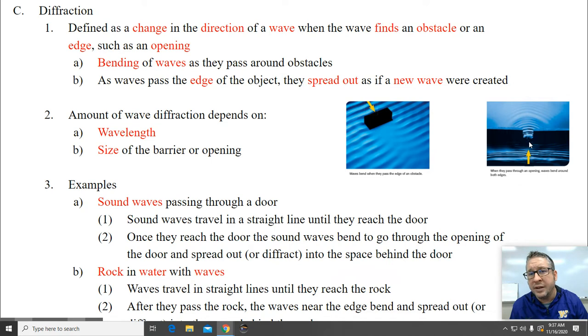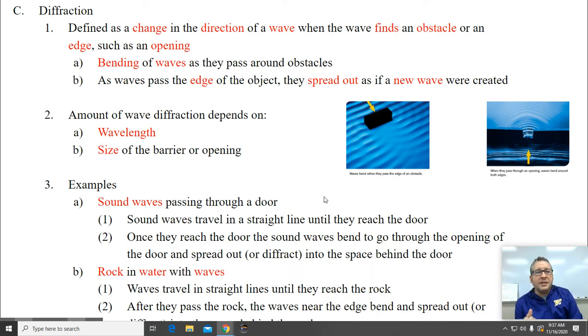When they have little openings like this, the waves are going to bend around the opening, and see these ripples right where the yellow arrow is, that's indicating where the original waves hit this, and now it looks like they have brand new waves. So it's almost like they have these straight waves like we see in an ocean, and then we see these circular waves once it goes through this tiny opening.